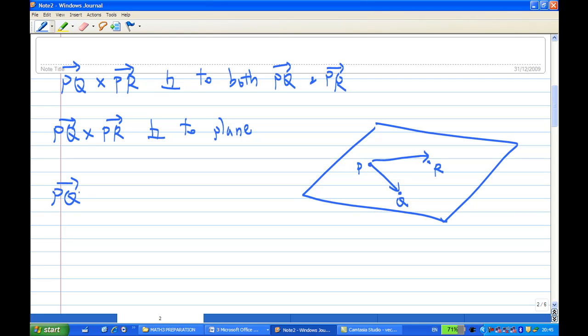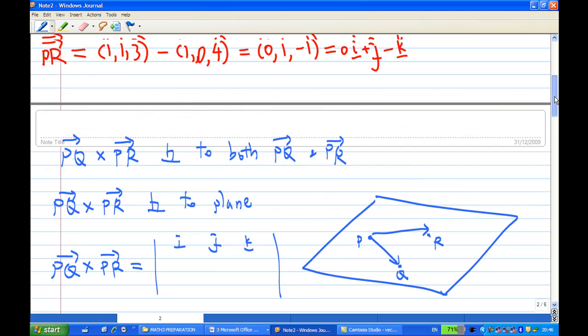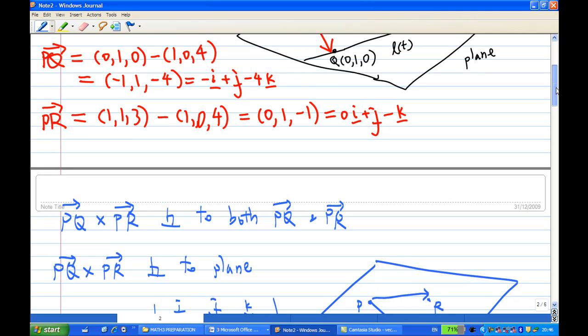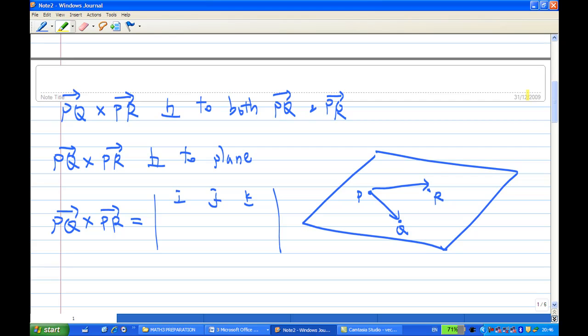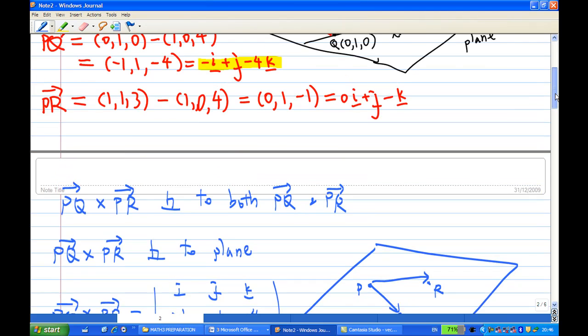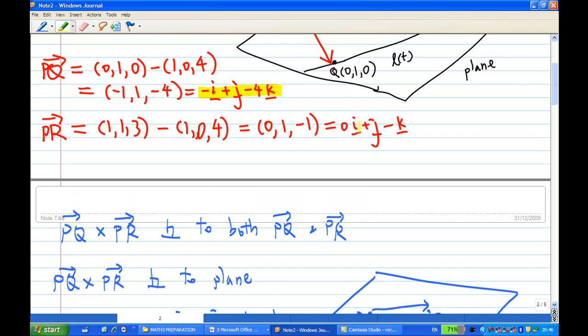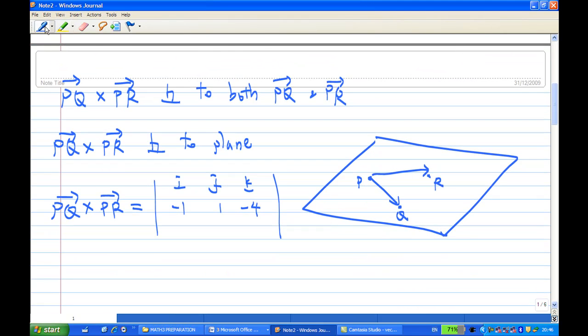So PQ cross PR, let's compute this. This is equal to the determinant with i, j, k. Let's copy PQ from above: PQ is (-1, 1, -4). We put PQ in the first row, and PR in the second row, and PR is (0, 1, -1).